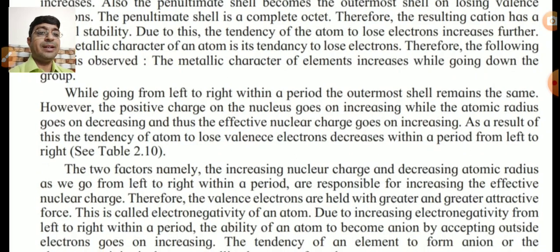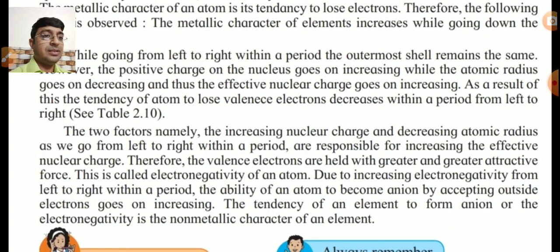The two factors, namely the increasing nuclear charge and decreasing atomic radius as we go from left to right within a period, are responsible for increasing the effective nuclear charge. Therefore, the valence electrons are held with a greater and greater attractive force. This is called electronegativity of an atom.